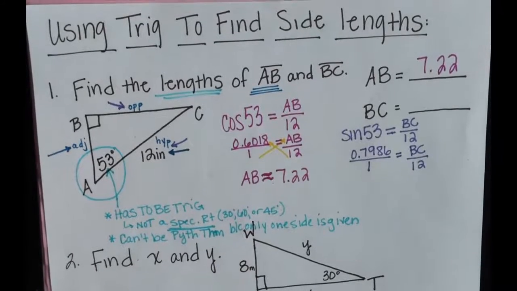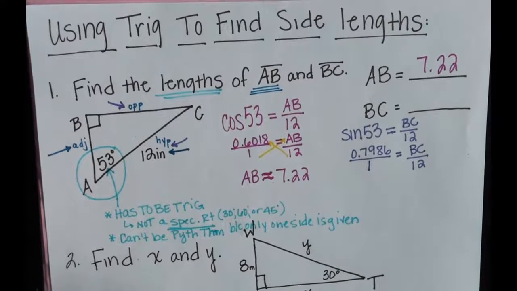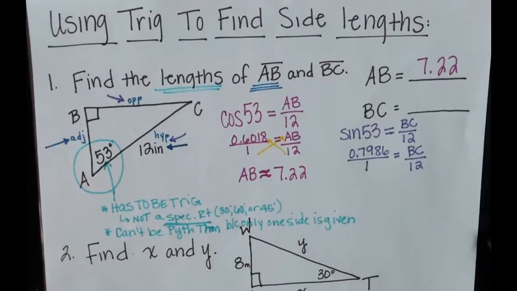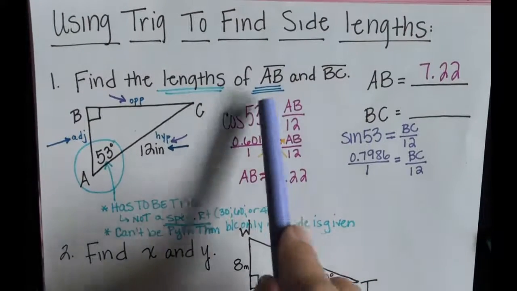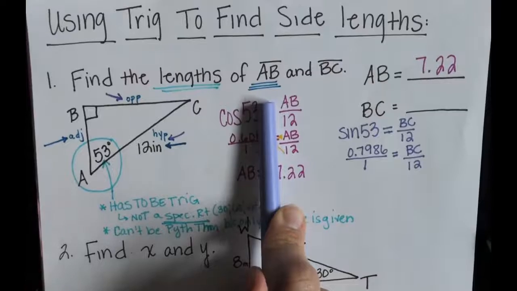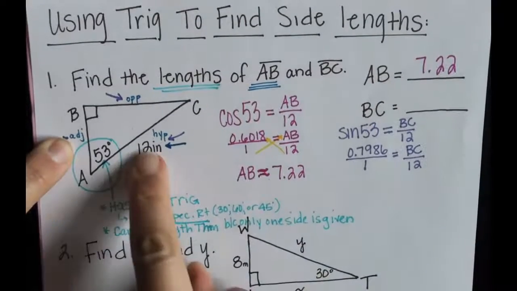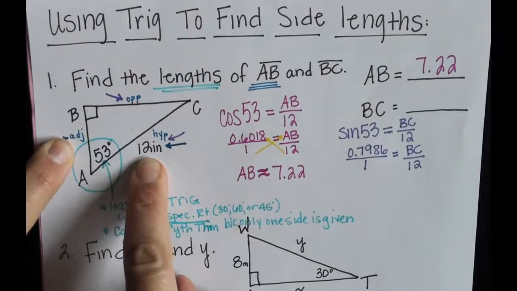It says, I'm having trouble figuring out which ratio to use. Yes, that is true. What you have to pay attention to is what you are choosing to solve for. So in the first one, when we chose to solve for AB, I looked to see what side AB was on, and I looked to see what the only other number was that they gave me.